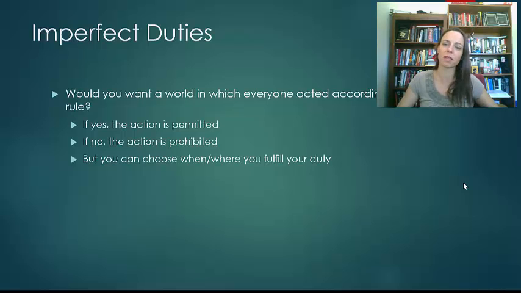But if we're talking about something that you wouldn't want everyone to do, even though it's logically possible for everyone to do it at the same time, then the action is prohibited. So in this case, an imperfect duty, you get to make a choice when and where you fulfill your duty. So we're going to look at some examples of that as well.